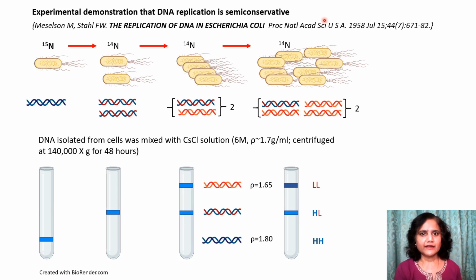So here in this figure, bacterial cells were grown originally in N15 based medium, where ammonium chloride was the sole nitrogen source. Now, if it was conservative, the heavy light intermediate would never have been seen. After one cycle, we would see heavy and light.